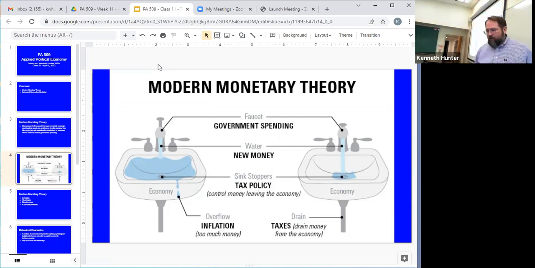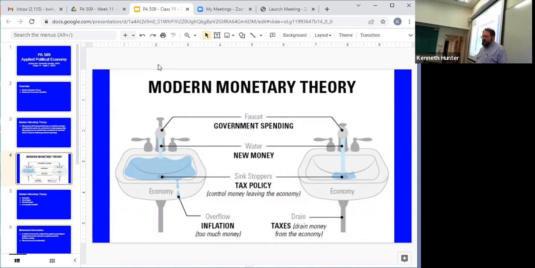The water in this example is the new money, whereas the sink serves as the economy. The goal is to make sure that the amount of water going into the sink does not end up running over.